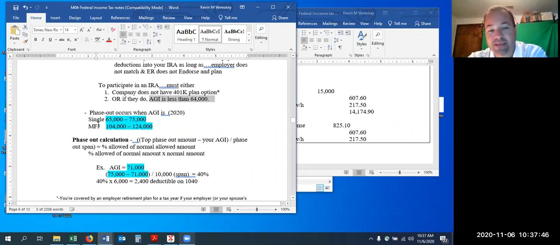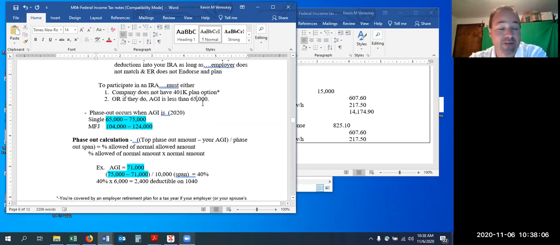And then these are the phase out ranges. If you're above 64,000, you can still put money into an IRA. If you're within this threshold, here's the threshold here. And then the threshold for married filing joint, I think this is actually, I'm going to move this.